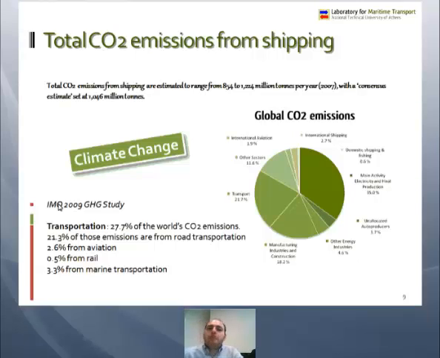The total CO2 emissions from shipping are estimated to range from 854 to 1,224 million tons per year. That's for 2007, with a consensus estimate of something like 1 billion tons. So roughly, shipping emits 1 billion tons per year. That figure is for 2007, and it goes up.